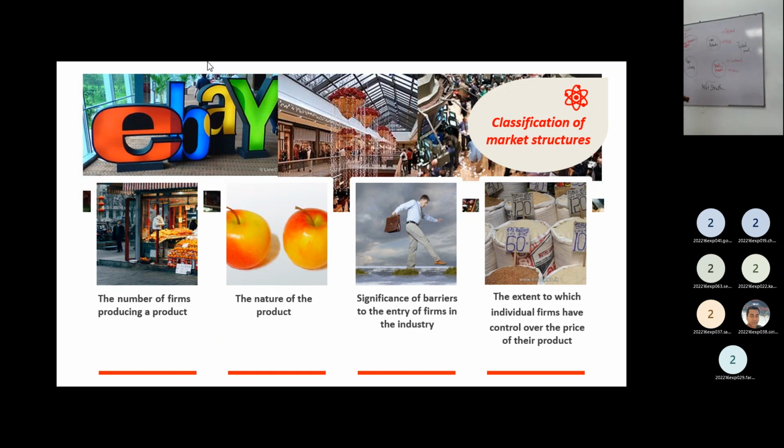And the third one is what? Significance of barriers to entry to the firms in the industry. Barriers. Now, let's assume that you get up in the early morning and you feel it's better to open an egg store. Can you do it? Simple, no?